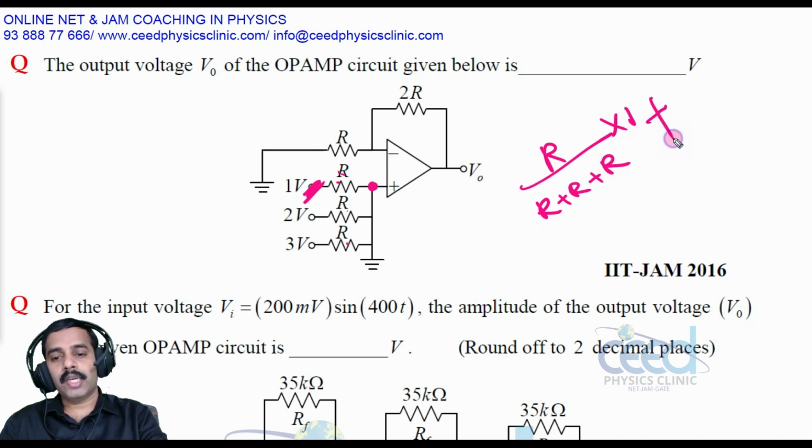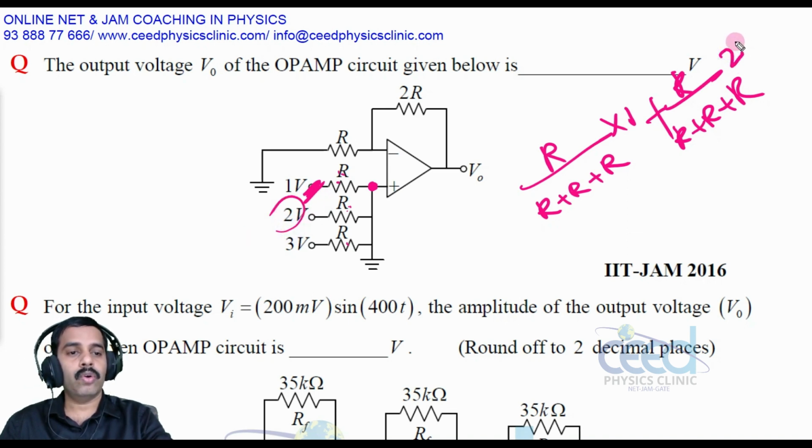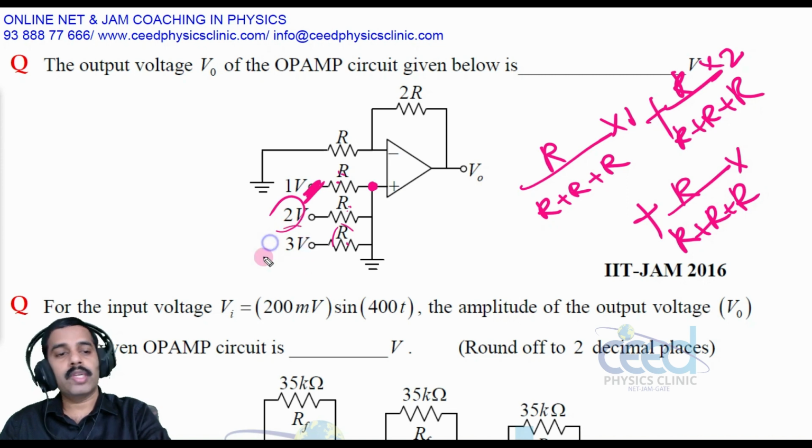Plus, due to this we have again the 3 resistances R plus R plus R, and this voltage is 2 volt. Plus again for this R divided by R plus R into the corresponding voltage of 3 volt. So this much voltage is available at this point due to this network, right?